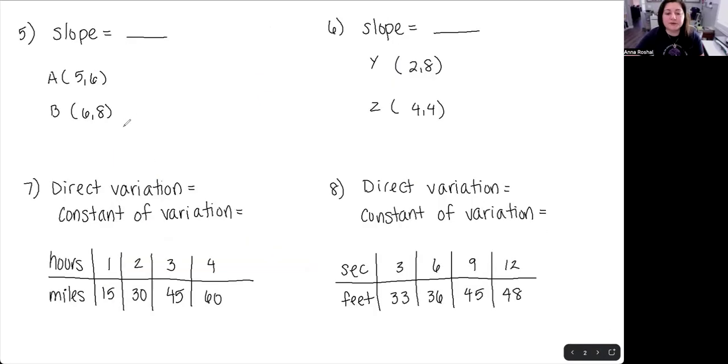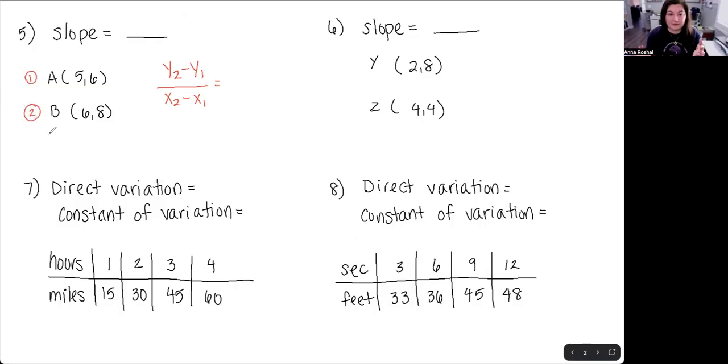Okay, the next 2 questions ask me to actually go in and find the slope. I know that my slope formula is y2 minus y1 over x2 minus x1. One of the things that I want you to pay attention to is that it does not matter which point you pick as point 1 and which point you pick as point 2.